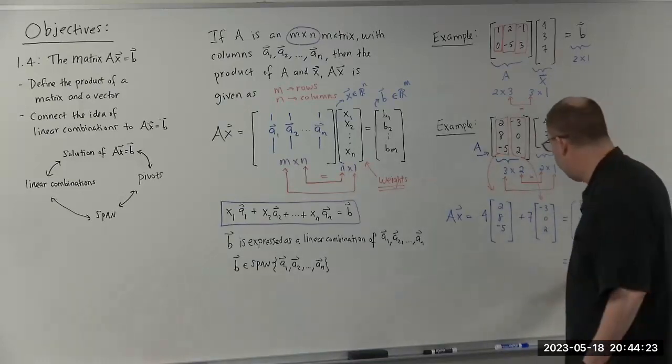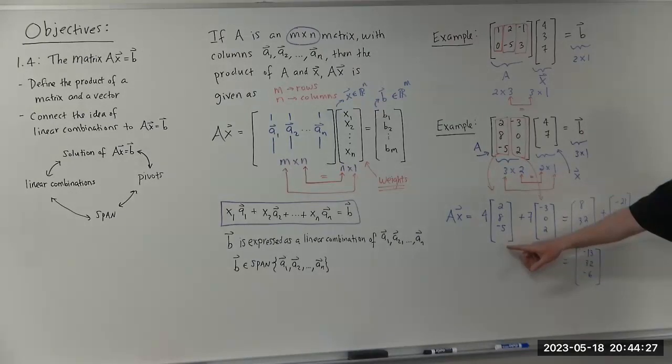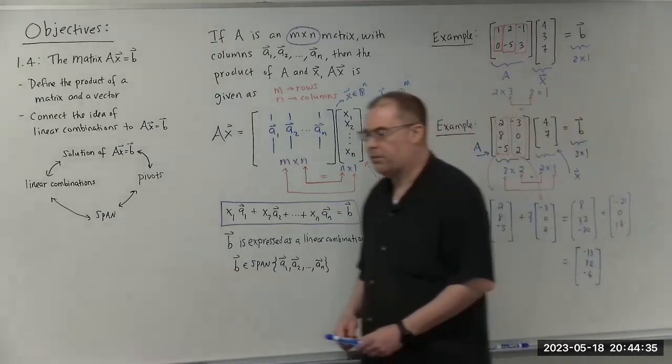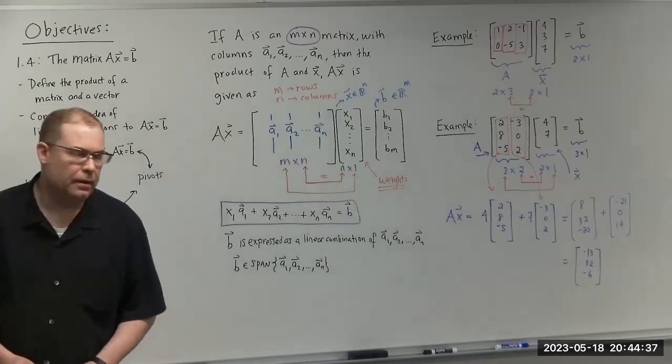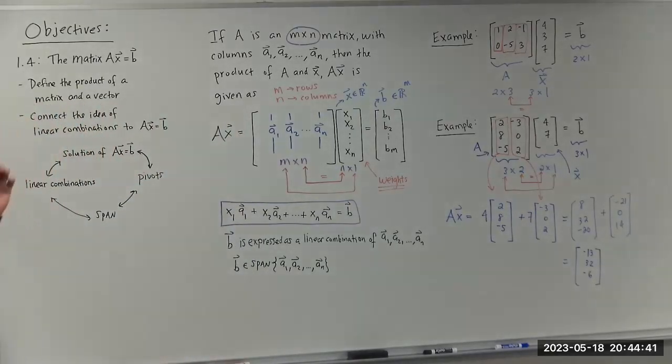So you can say that this vector lives in the plane spanned by this vector and this vector. We'll get a little bit more into that later on. Let's continue with this.